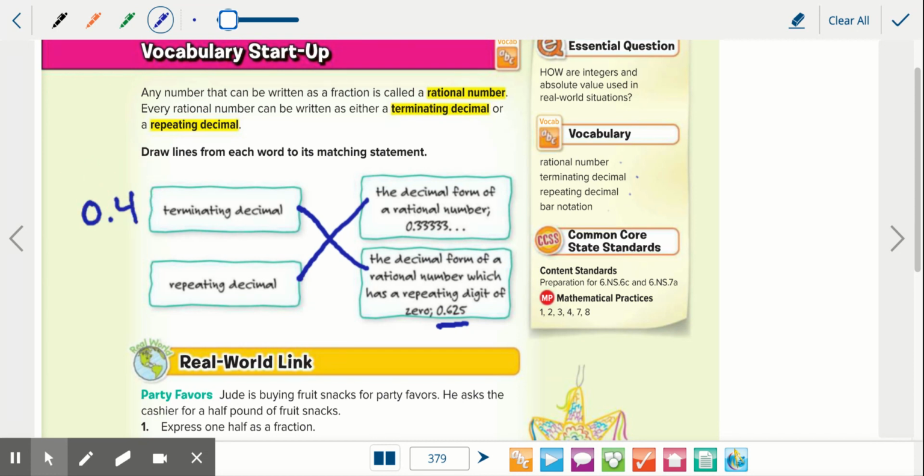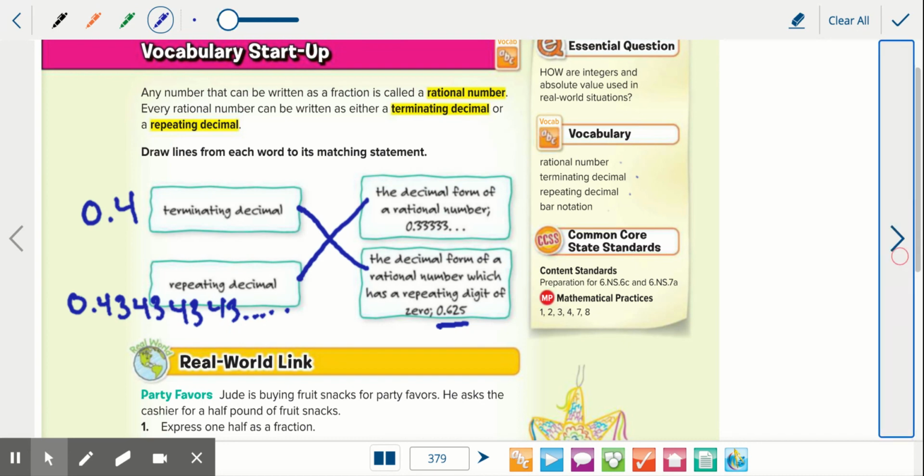An example of a repeating decimal, maybe something like 0.43434343, and it would have to go on forever. So today we're going to learn how to write this repeating decimal using what's called bar notation. So let's go ahead and turn the page.